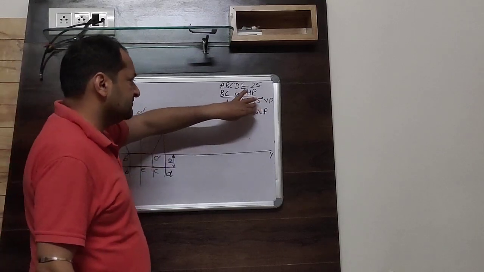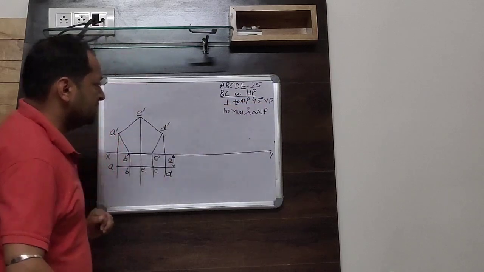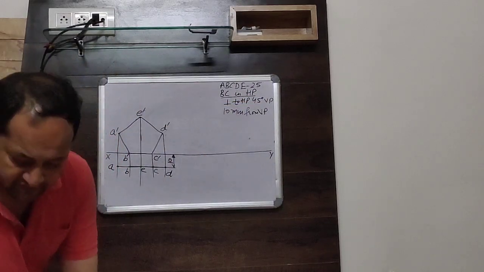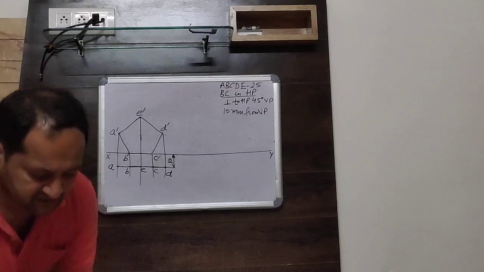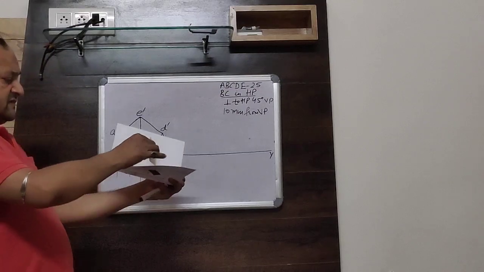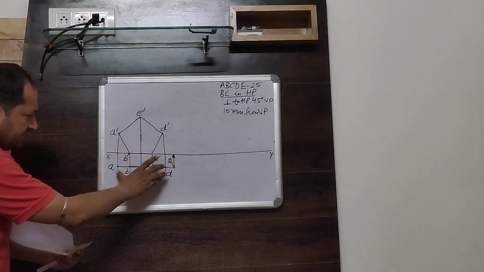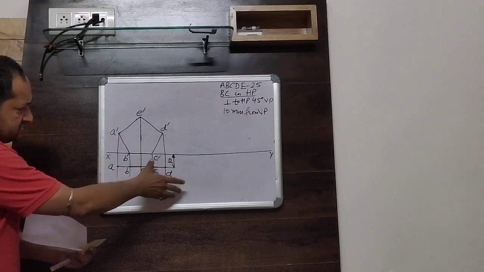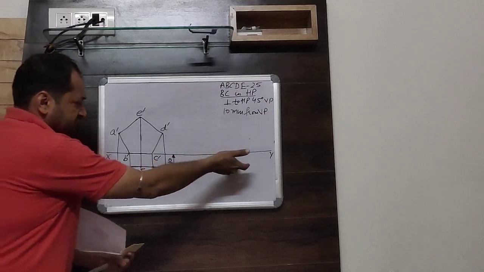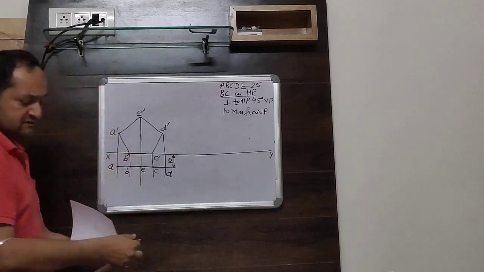But in the question it is given that it is 45 degrees inclined to the VP. Now if it is inclined at 45 degrees to the VP, its top view will be at 45 degrees to the horizontal line.